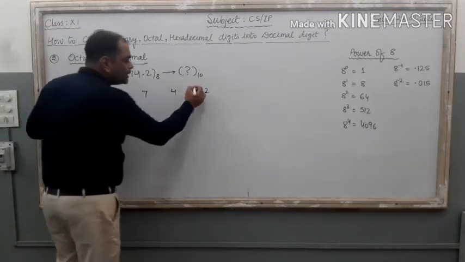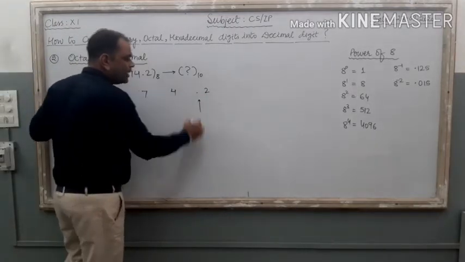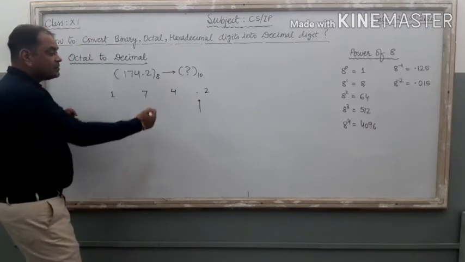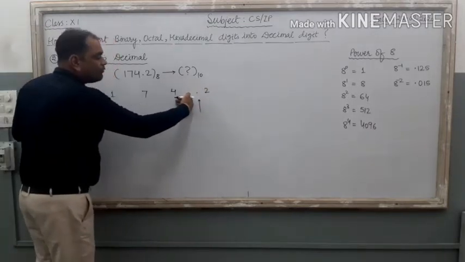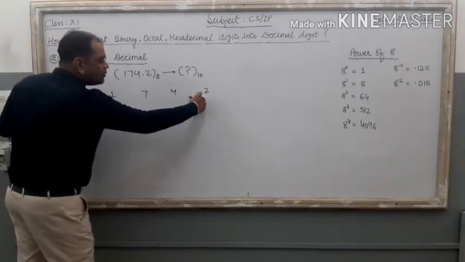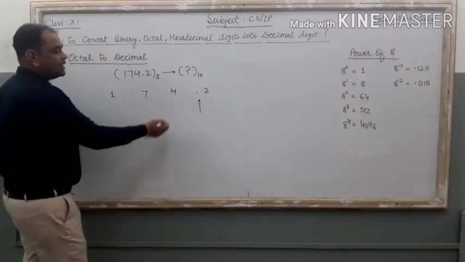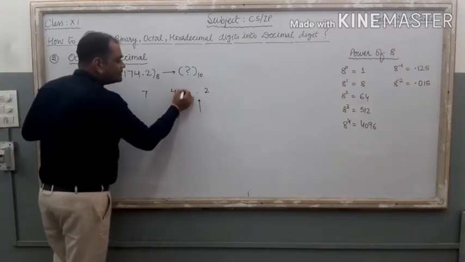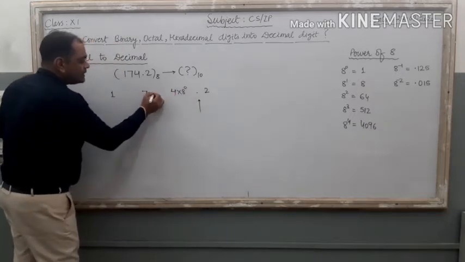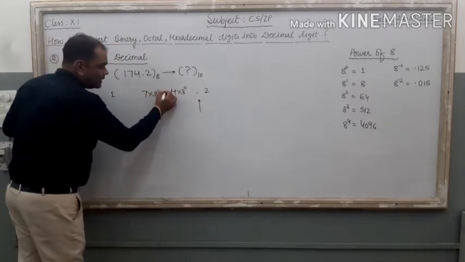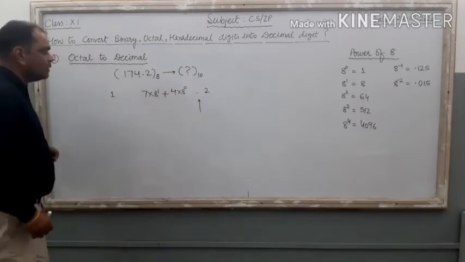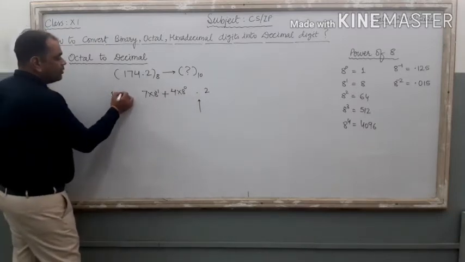Now just hold the decimal point, hold it and start the increasing power of 8 from the rightmost digit next to the decimal point towards the leftmost side. So 4 into 8 raised to power 0, 7 into 8 raised to power 1, then just use the plus symbol in between all this part.